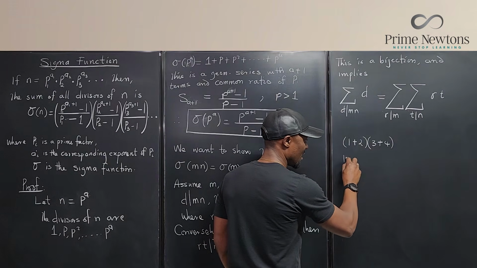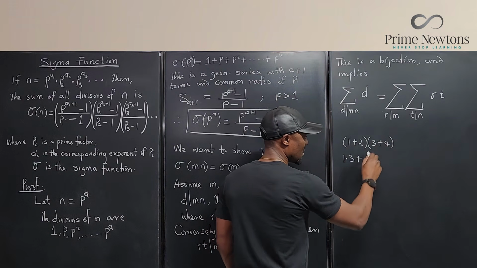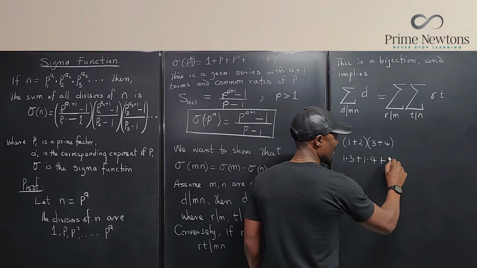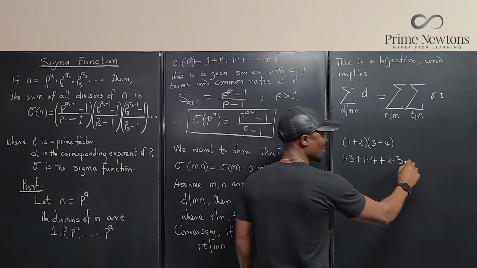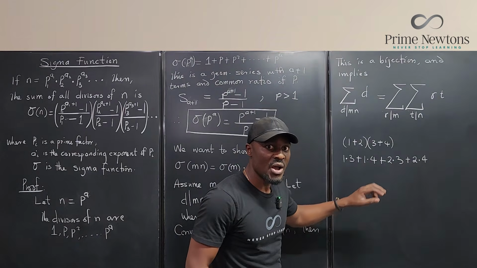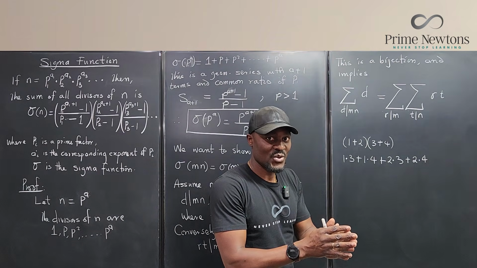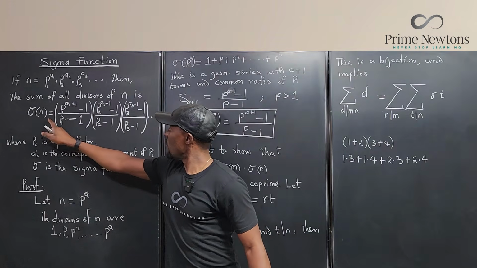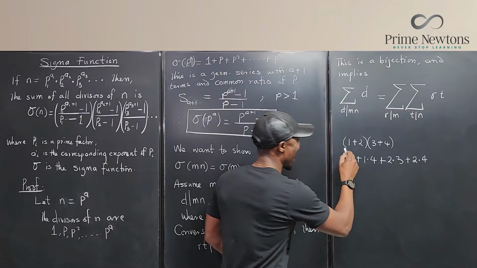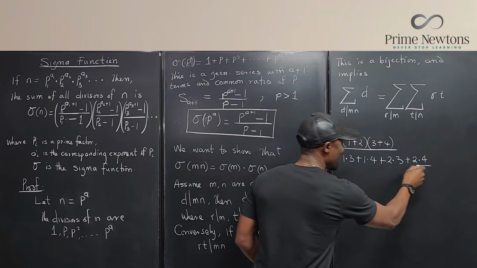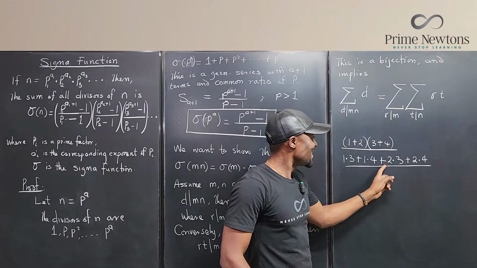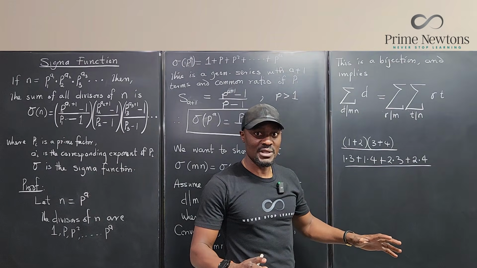You have 1 times 3 plus 1 times 4 plus, what else do you have? 2 times 3 and then plus 2 times 4. So notice this is the sum of products, which is what we want. This is the product of sums. But this and this are exactly the same thing.